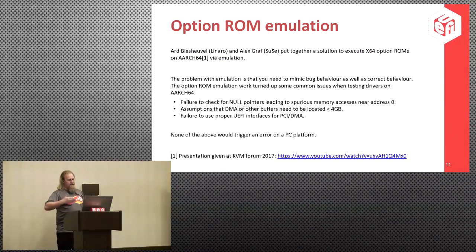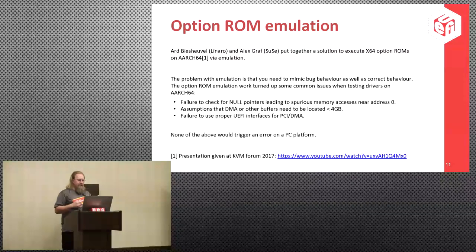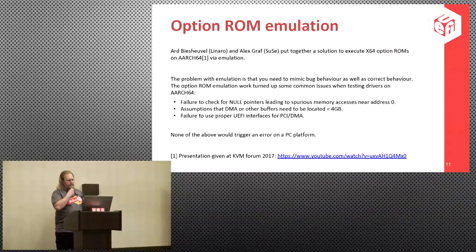The second one was assumptions that DMA or other buffers need to be located below 4 GB. So something tries to allocate a DMA buffer and it gets given a DMA buffer and it goes, oh, but that's above 4 GB, so I can't use it. That's a bit of a shame.